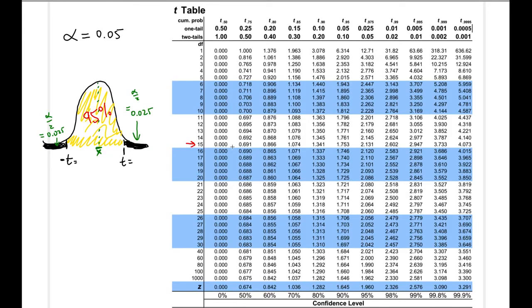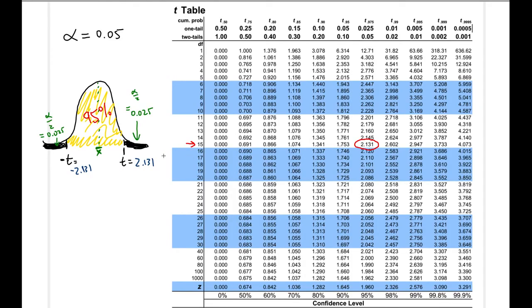So we have to go along this row and find the value at which row 15 and the right column coincide. They both stop at this number, 2.131. So we know for sure that the value is 2.131 for this t, and it's going to be minus 2.131 on the left side, the t here.